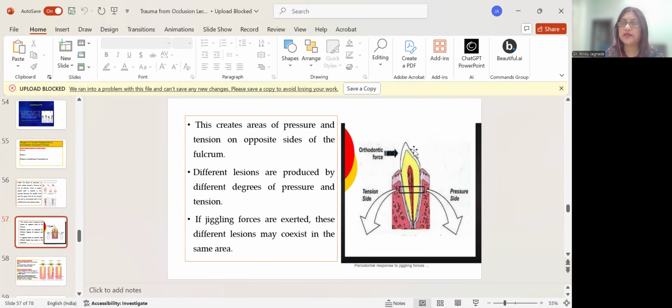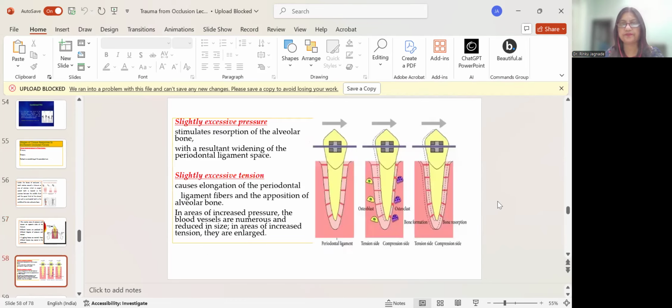But if jiggling forces act from all directions, in the same area there may be areas of pressure and tension, and similarly on the opposite side. This is what the statement means.